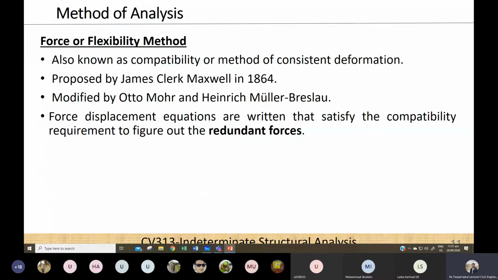So the first method that we are going to study is the force method, which is also known as the compatibility method or the method of consistent deformation.